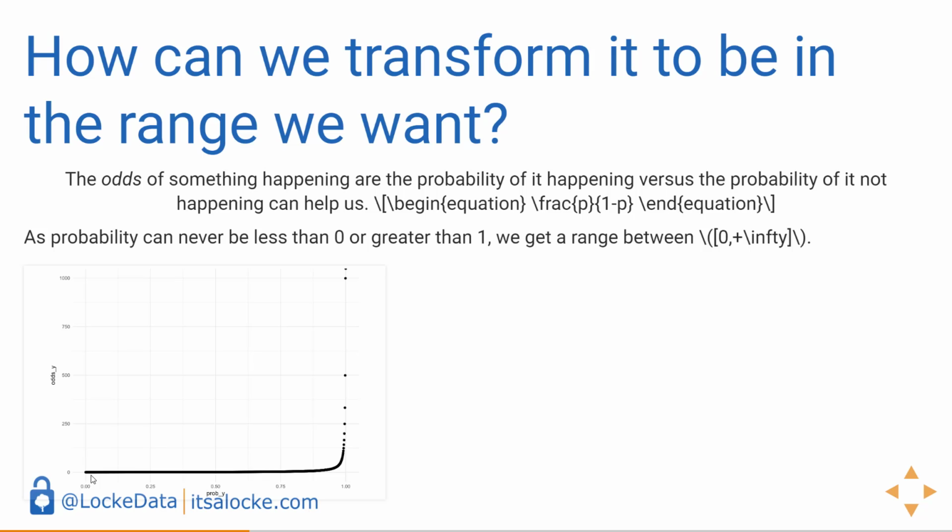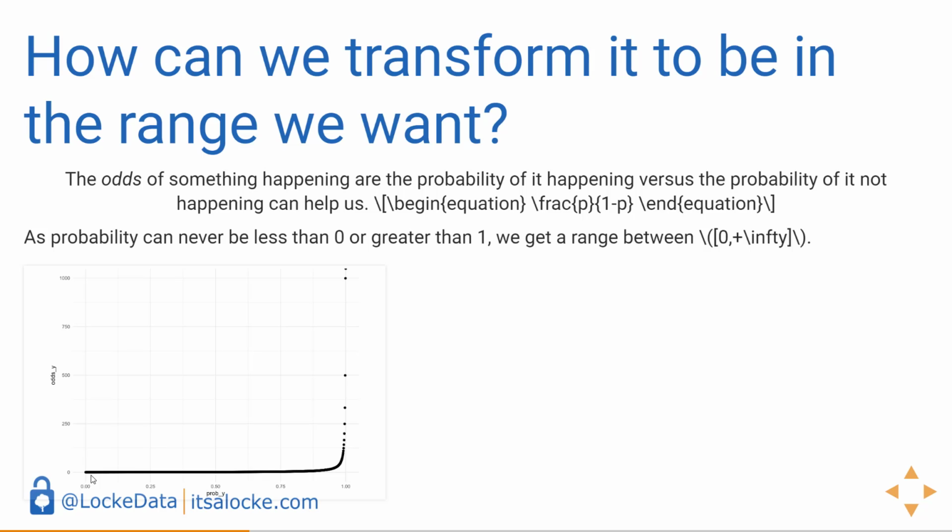Whereas if they had a probability of 0 of surviving, then they'd have an odds value of 0. So we've bust out in our positive range into plus infinity, but this still doesn't allow for sensible negative values.